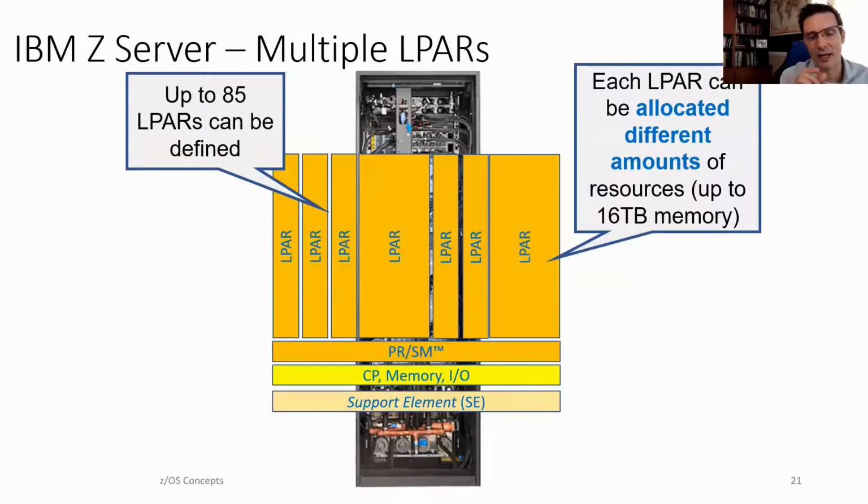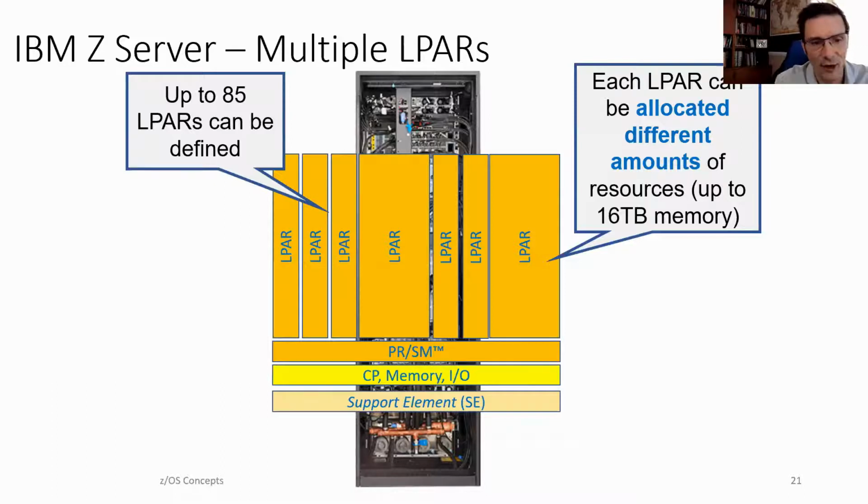In other words, I can run multiple copies of operating systems simultaneously on the system, each with different amounts of dedicated resources out of the total pool of the resources in the mainframe for my particular operating system.